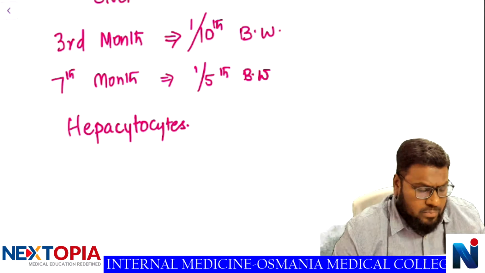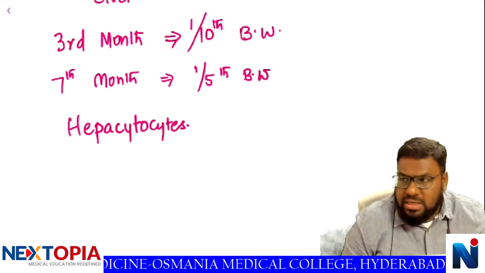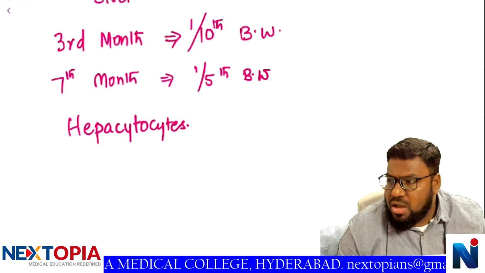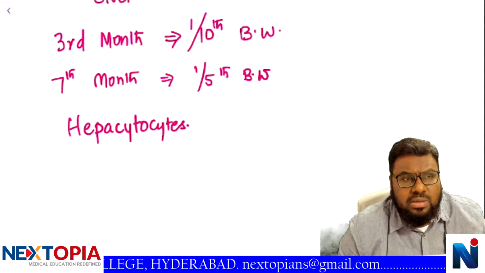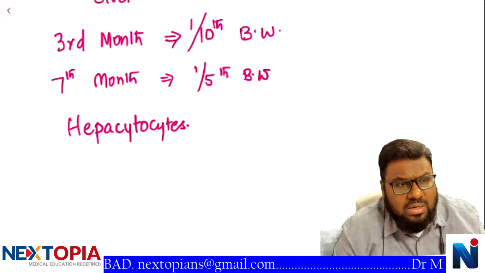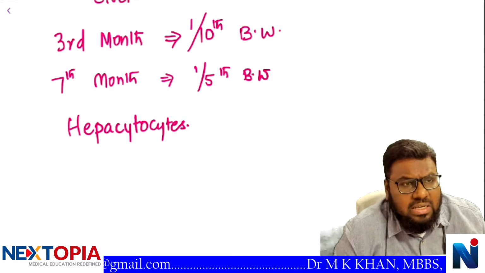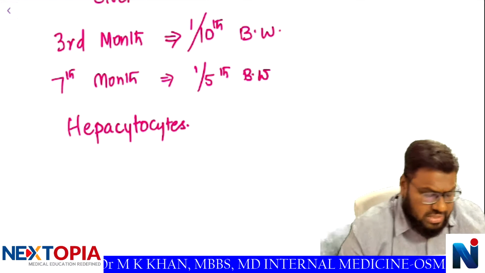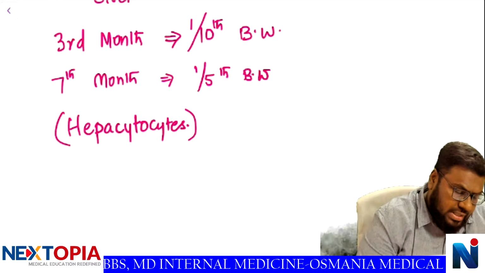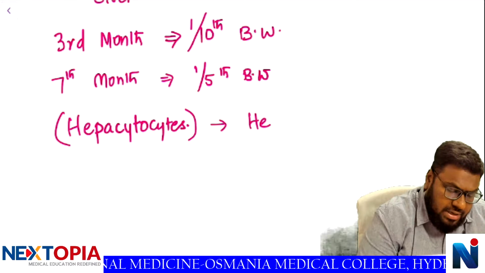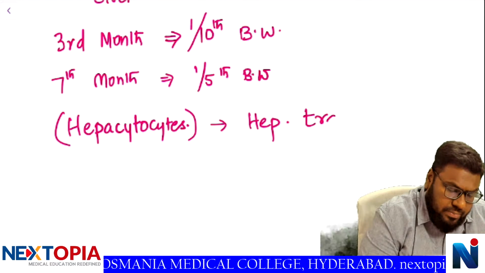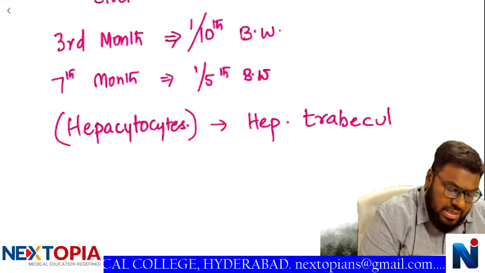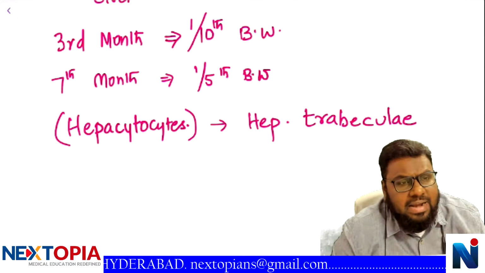In histology, I'll discuss how beautifully a hexagonal hepatic lobule looks. But here, please remember, these hepatocytes are clumped together to form the hepatic trabeculae.